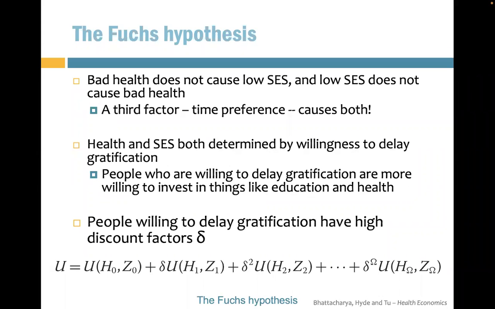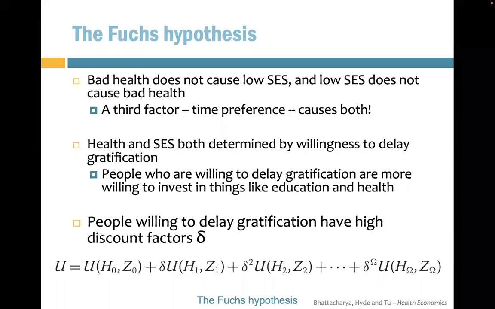It's the same thing with health. If we want to have more health tomorrow or when we retire, then today we're willing to exercise, or we're willing to eat more healthy foods instead of having all the fun, eating all the junk foods that make us happy today.